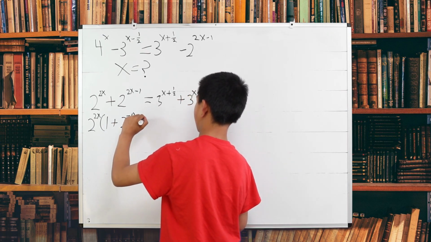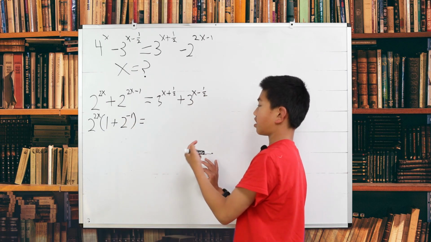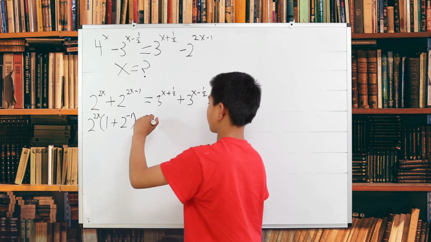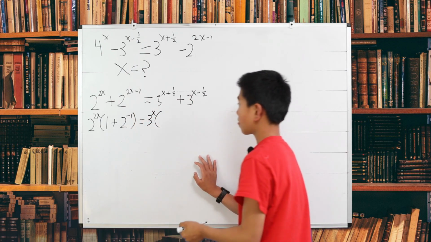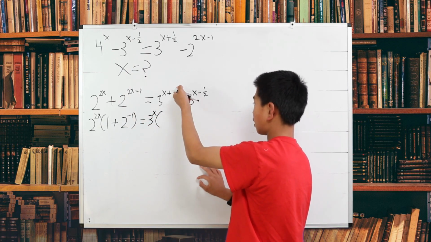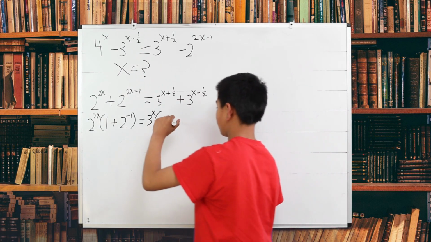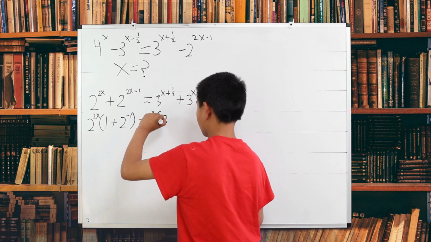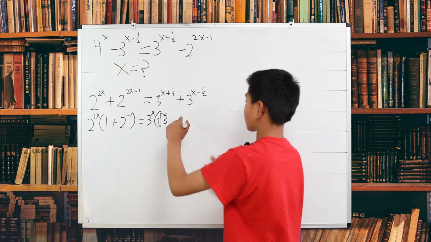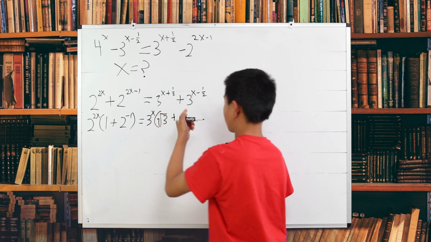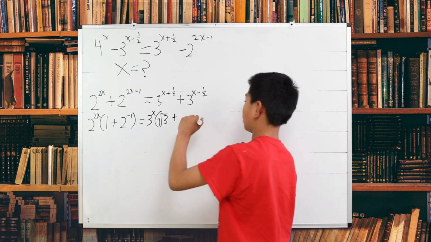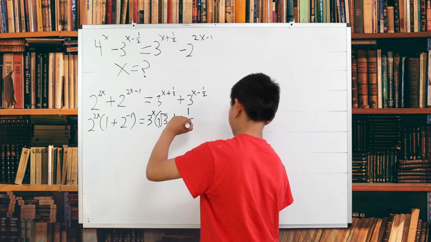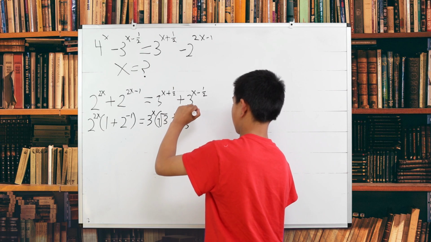And this is equal to 3 to the power of x times 3 to the power of 1/2, which is just the square root of 3, plus 3 to the power of negative 1/2, or 1 over the square root of 3.